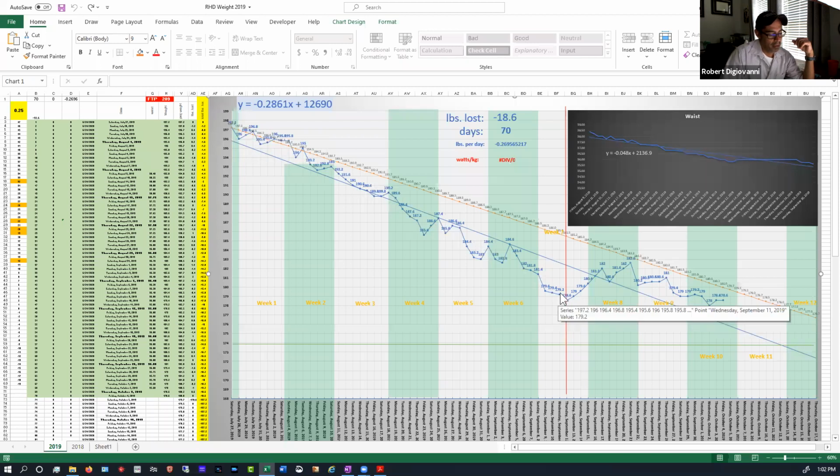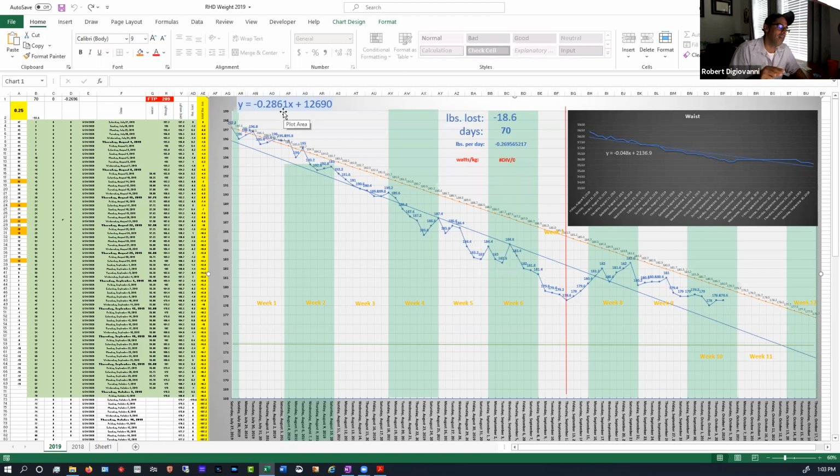Whenever you keep track of things like this in a program like Microsoft Excel, the program can automatically give you a linear function with your slope and Y-intercept. This is it up here in this top corner. That negative 0.2861 represented my change in weight per day.